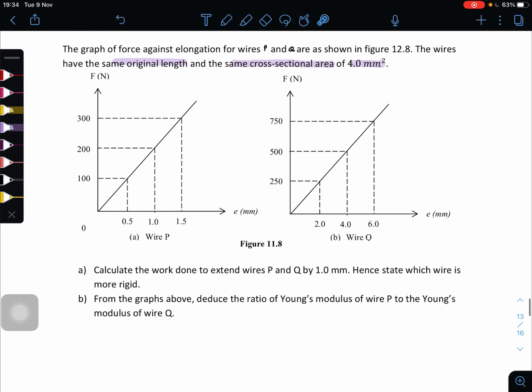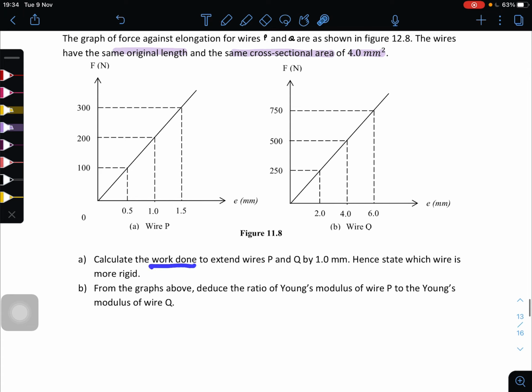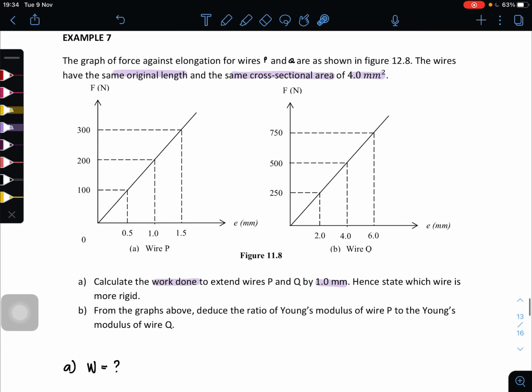Okay, now we want to calculate the work done to extend the wire by 1 mm. So we need to find work done, the value for W. Okay, daripada graph F against E, kita boleh dapatkan apabila kita apply 100 Newton of force on the wire will extend by 0.5 mm. So apabila 200 Newton, wire akan extend by 1 mm.